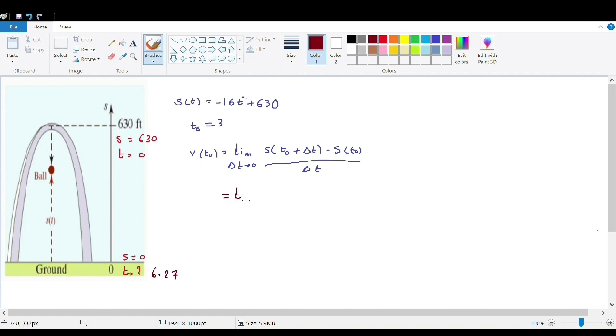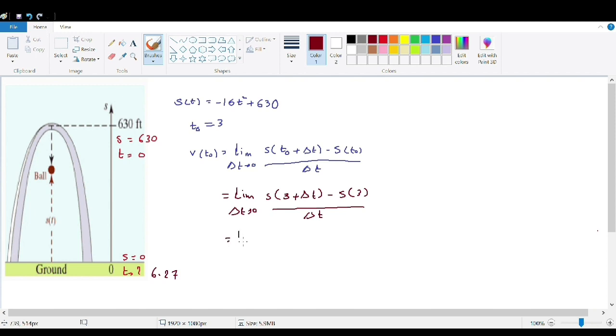So this will give us the limit of s(3 plus delta t) minus s(3), divided by delta t, and we take the limit when delta t approaches 0.